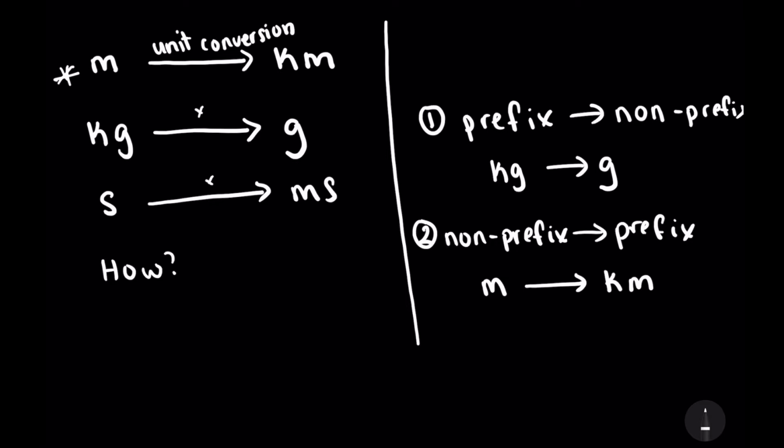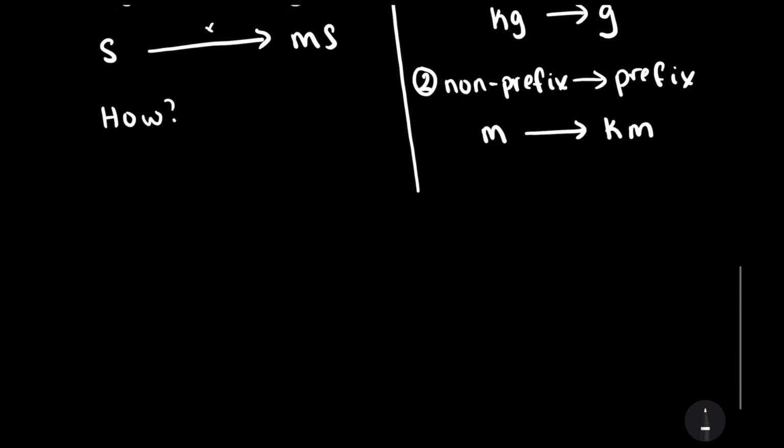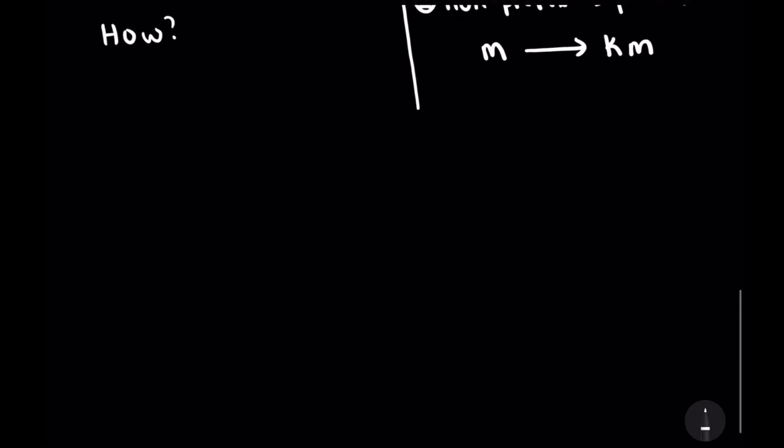But let's take a second, because right here I've introduced this term prefix. But what does a prefix even mean? So when I say this kilometer that we have right here, what does that k represent? What does that kilo represent? So let's take some time to talk about prefixes.